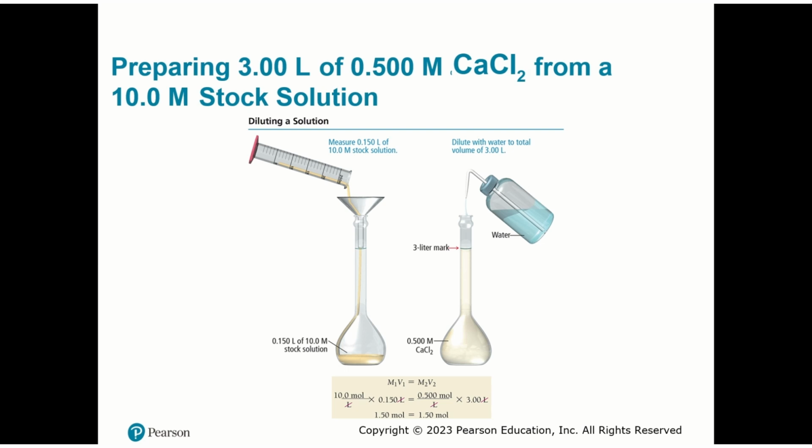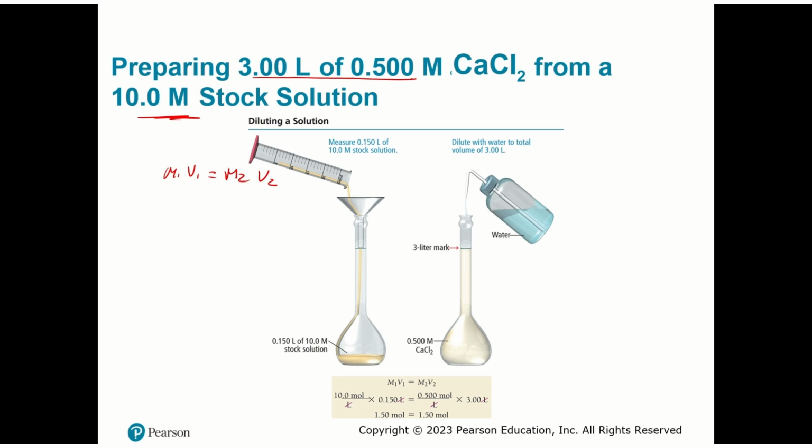0.150 liters of the 10 molar stock solution to produce 3 liters of 0.500 molar calcium chloride. Pretty easy, right? Because what you're going to do is use M1V1 equals M2V2.